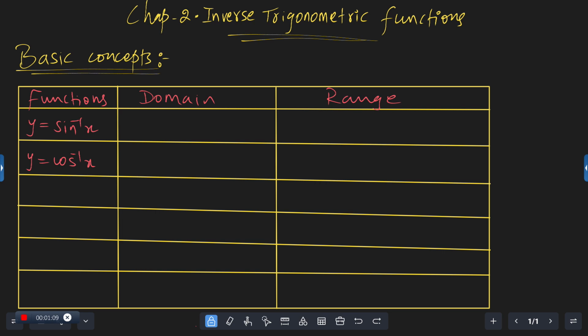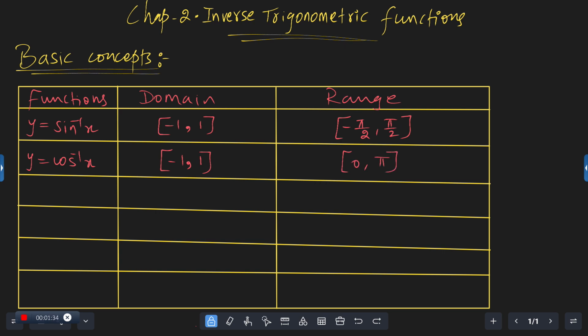What is that? Closed interval minus 1 comma 1. Here also minus 1 comma 1. Same. Understand? But the range will differ. So the range of sine inverse is closed interval minus pi by 2 comma plus pi by 2, and here closed interval 0 comma pi.